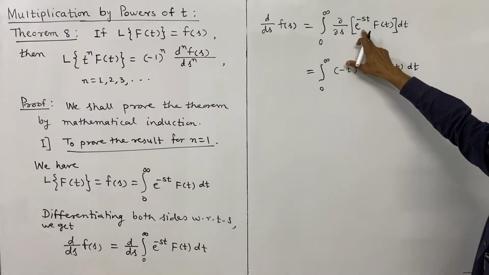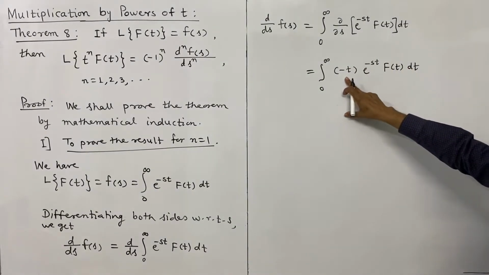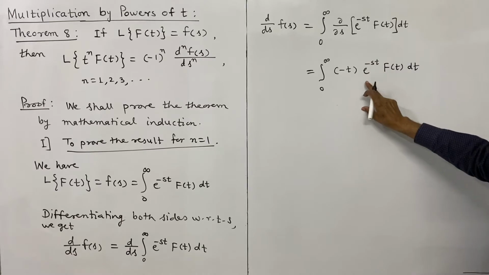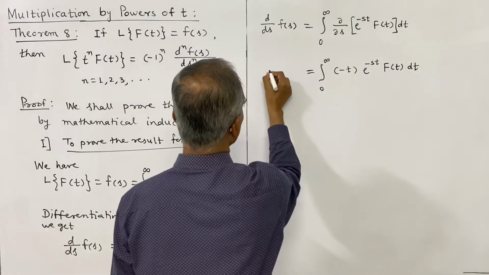So you note this is the partial derivative of e power minus st with respect to s, which is minus t into e power minus st. Now we can multiply both sides by a negative sign, minus 1.